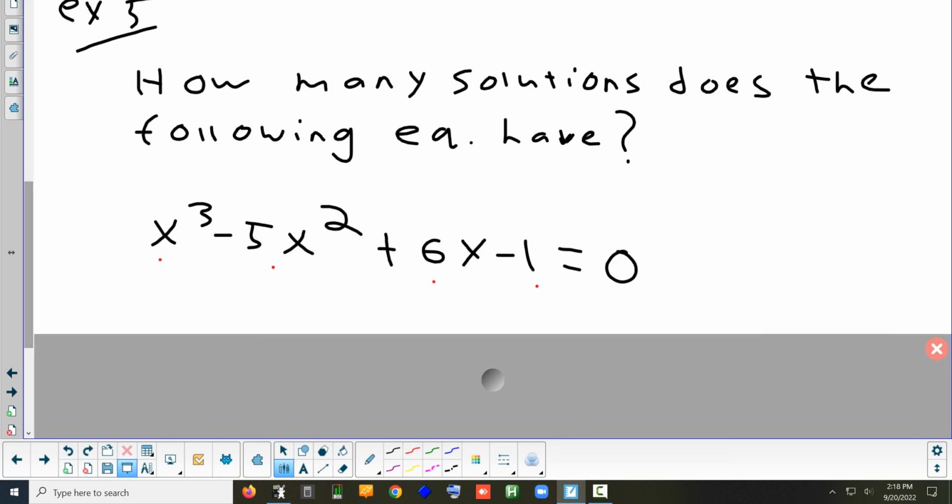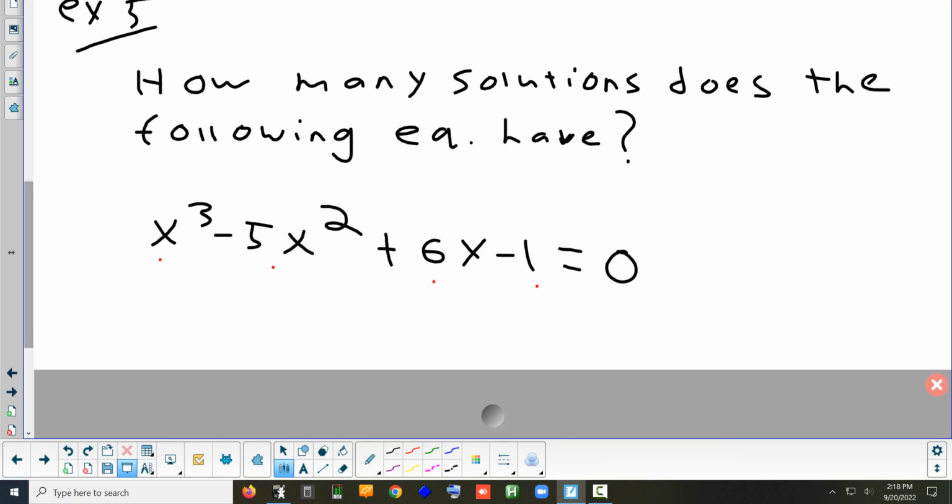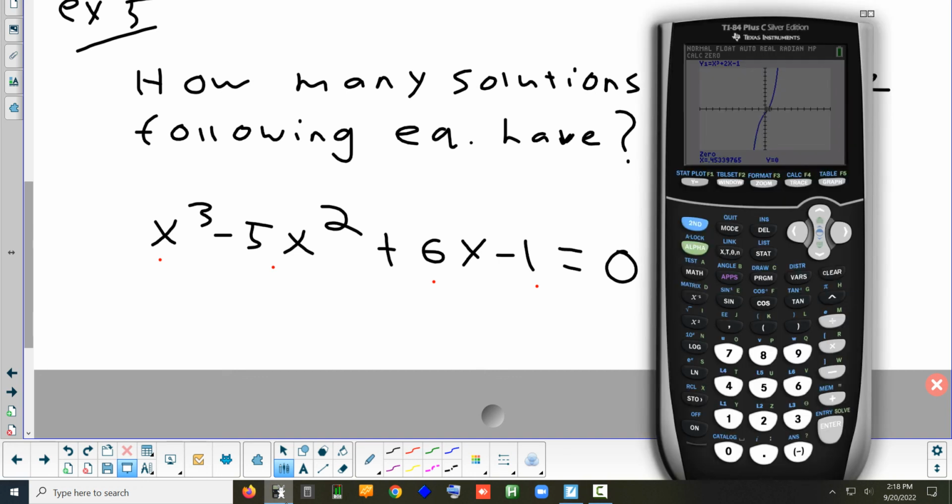All right, so how many solutions does this have? How am I going to figure that out? Okay, so I'm going to use my graphing calculator. What do I do?